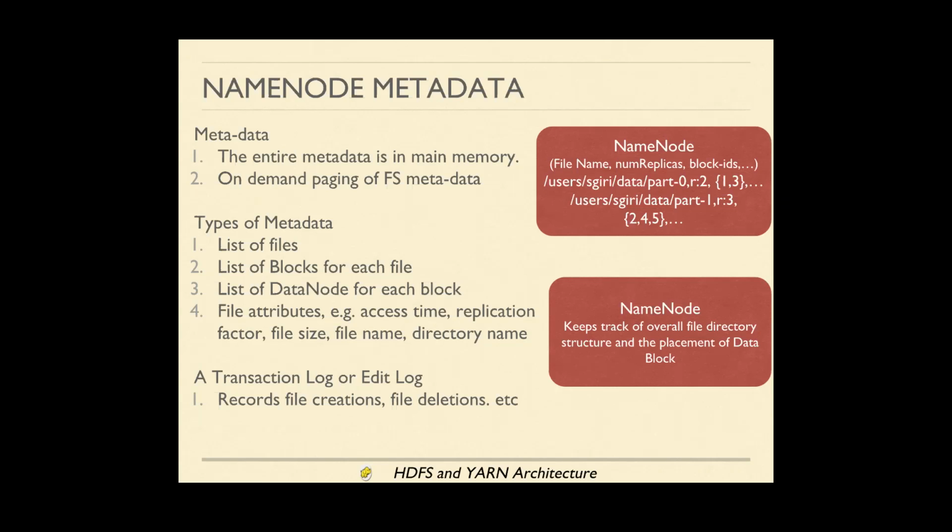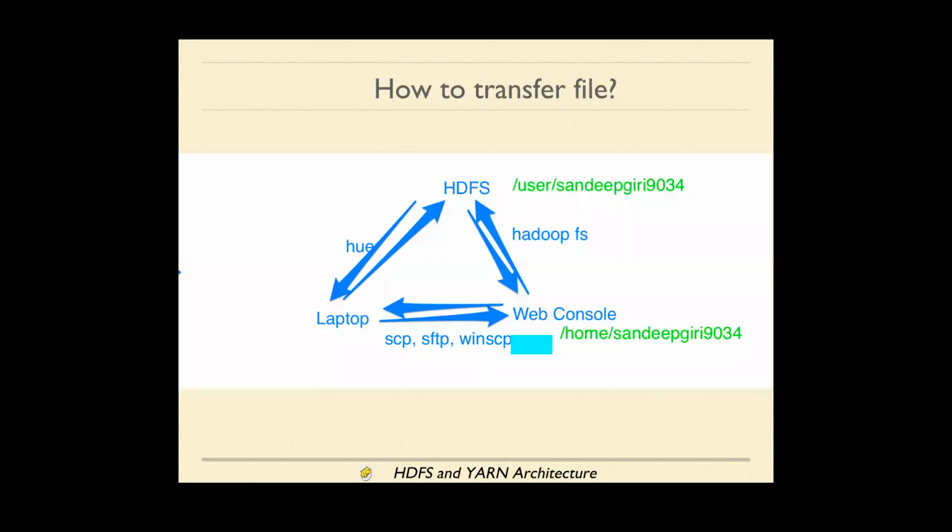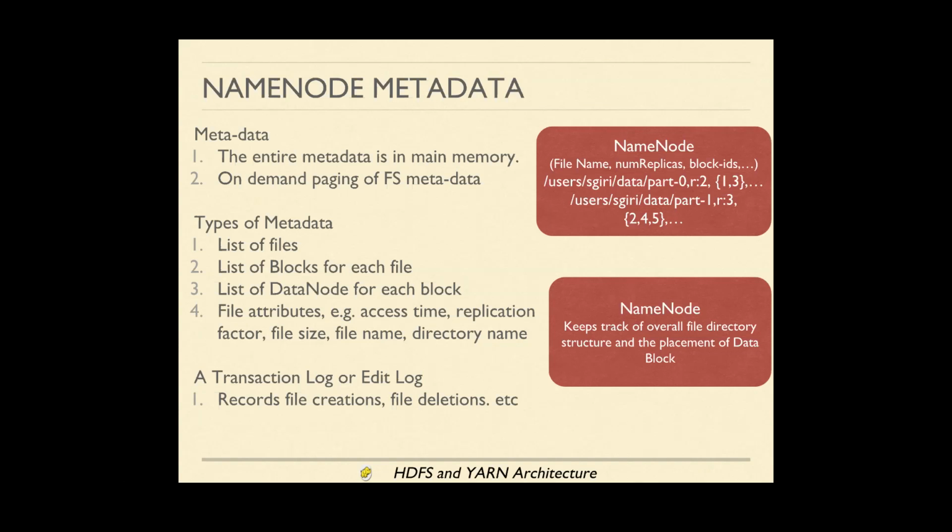A copy of the metadata is maintained in the memory, and all the changes are continuously saved in the disk as well in the form of edit logs. Did I make sense, Pradeep?